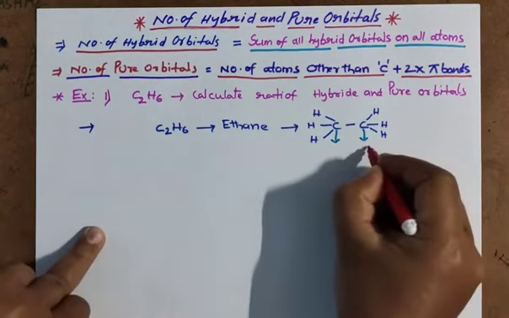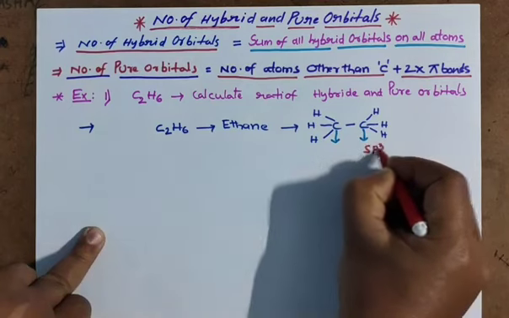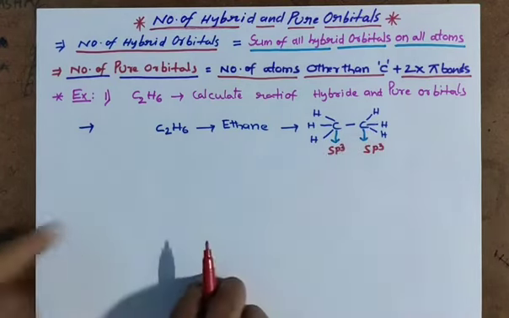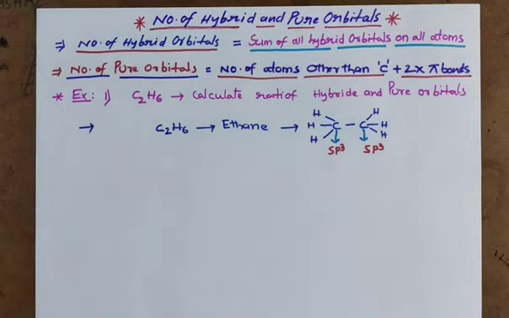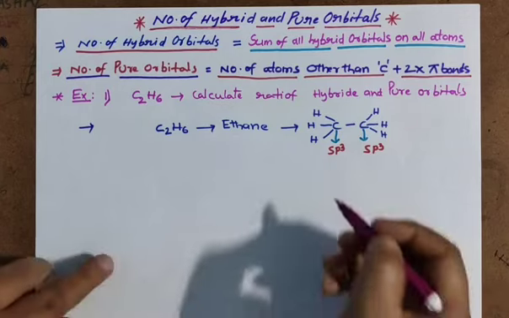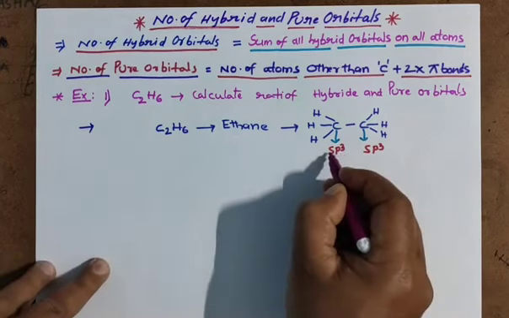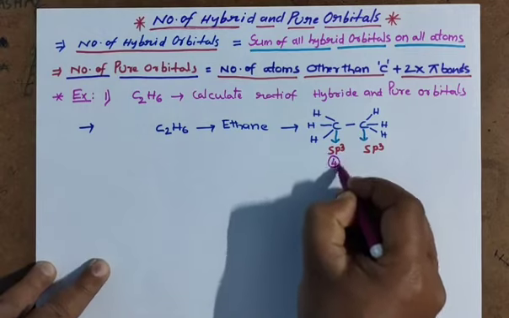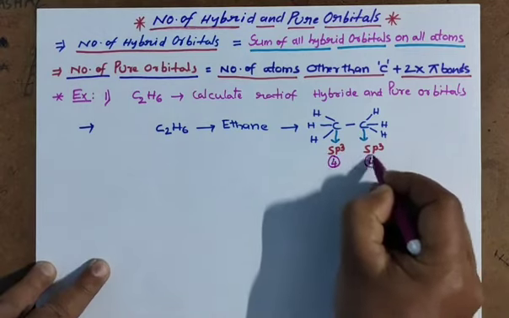This carbon sp3, this carbon also sp3. sp3 hybridization means how many hybrid orbitals? 3 p orbitals, 1 s orbital, 4. And here 4.